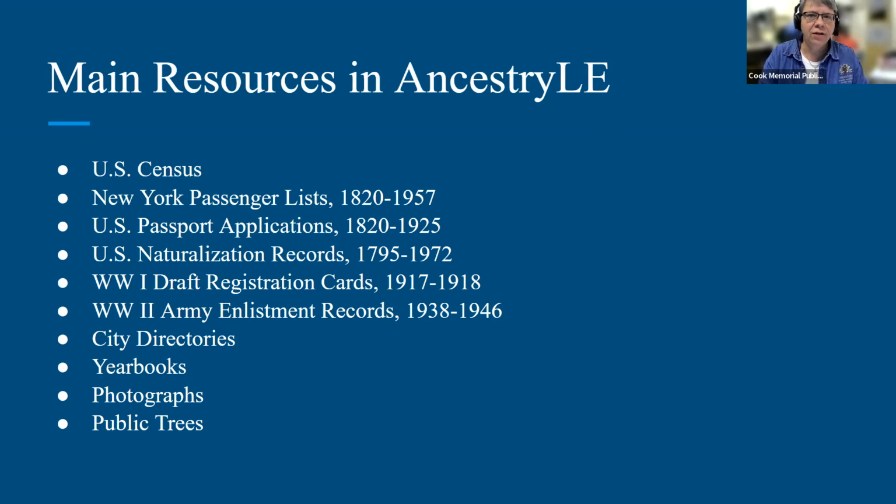Ancestry Library Edition has some military records pertaining to World War I, which would be the draft registration cards, and World War II. There are also draft registration cards for World War II, as well as Army enlistment records and other things as well, which again, we'll talk about in a few minutes. Ancestry Library Edition has city directories, yearbooks, photographs, public trees. So there is a lot that's available to you for using the library subscription.